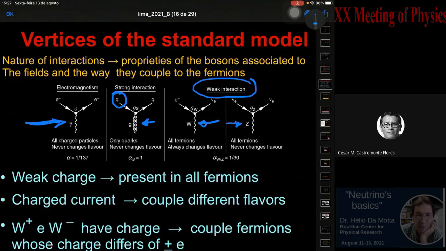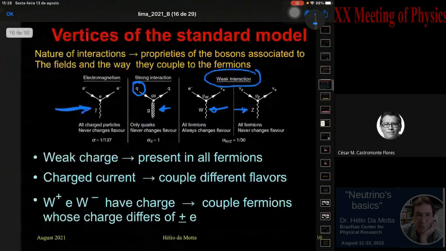And by getting this electric charge, it becomes an electron, because it's an electron neutrino. If it were a mu neutrino, getting a W minus, it gets electric charge and it becomes a muon, because it's different. And the same for the tau neutrino.